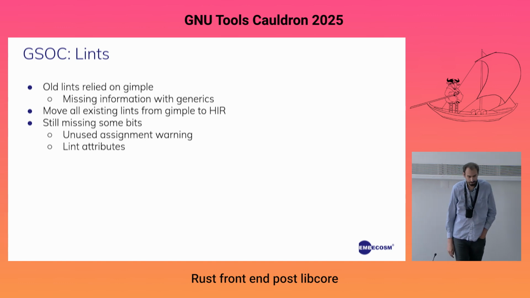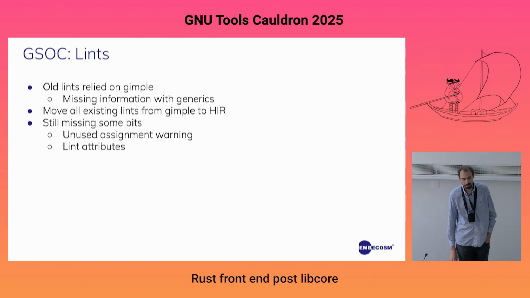The second GSoC student has been working on lints. Basically, our old lints implementation relied on the generic structure within GCC. So we were missing some information with actual generics, because we had some type erasure, some information was missing.